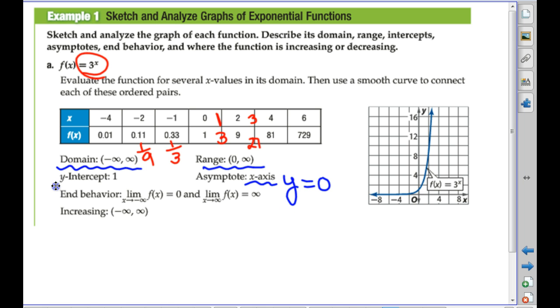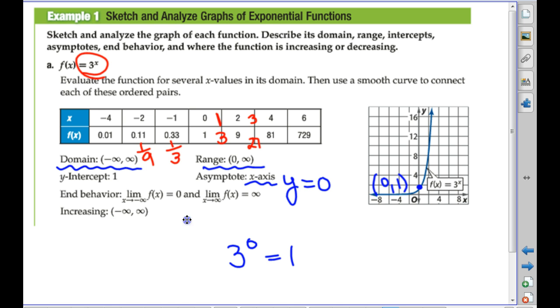It will always cross the y-axis at 1 unless we have a stretch, because anything to the 0 will be 1. Does that make sense? Okay, if we multiply out in front by a stretch, then it will change. But this will cross at 0, 1. I made a really big dot, so it looks like 0, 2.